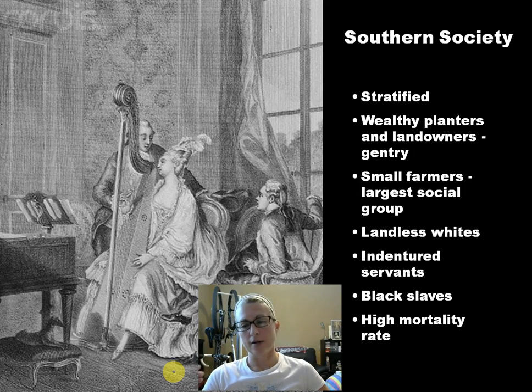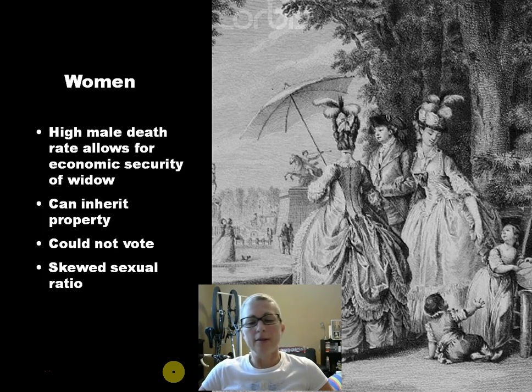We've already talked about how, because of environmental and geographical conditions in the South, there's a very high mortality rate. Women all across the colonies at this time, regardless of region, aren't going to have a whole lot of rights, but there are some things that are kind of significant to talk about.